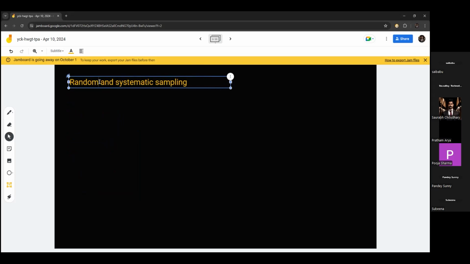So first is random sampling, and second is systematic sampling. Can anybody anticipate what random is? See, random is very easy. What is systematic sampling?